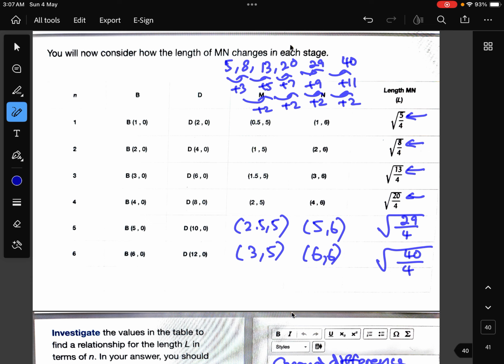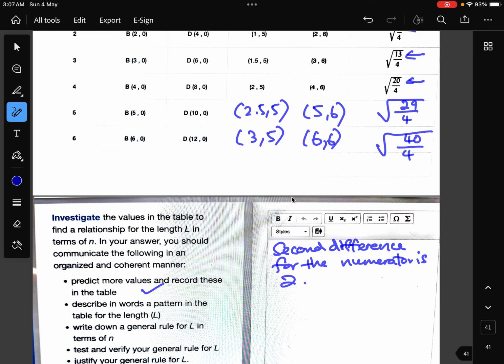Now, because this part is going to be worth marks, we need to combine this with finding the general rule. So I'm just going to write down all the possible patterns first. So I could say the denominator is always 4. That's one possible, but it's a very simple pattern.